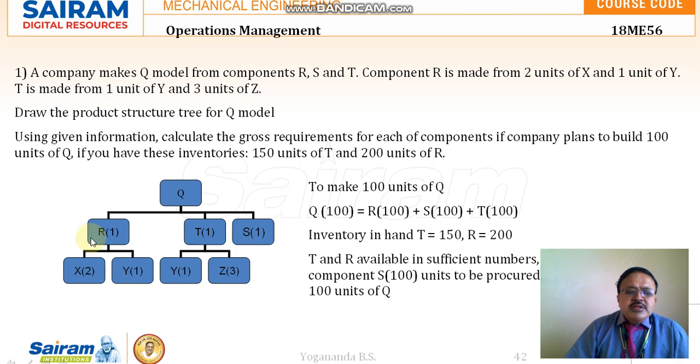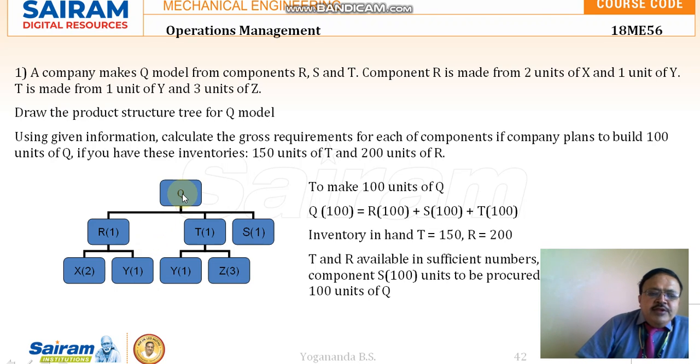So the product structure tree is drawn here in the solution, based on the given data. It is said that 1 unit of Q requires 1 unit of R, 1 unit of S and 1 unit of T. So that is shown here in the first level. To manufacture 1 unit of Q, 1 unit of R, 1 unit of S and 1 unit of T is required.